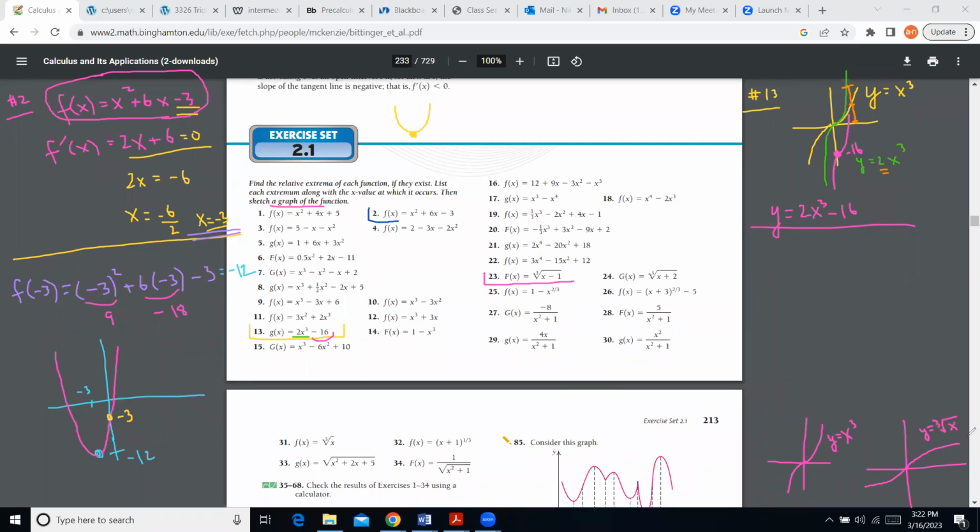But in a way, it's kind of the same thing. And if you would like to graph, in problem 23, the cube root extracted from x minus 1, then the graph that you have here is going to be shifted by 1 unit to the right.